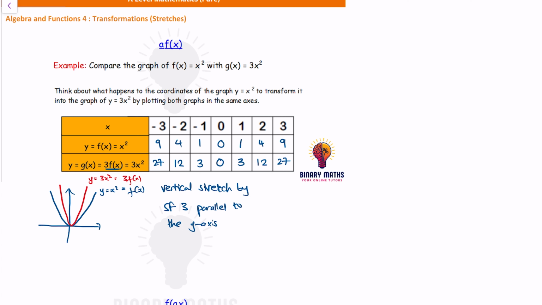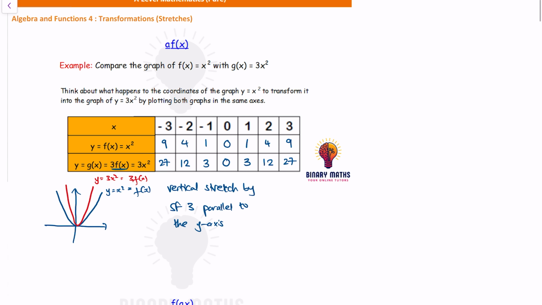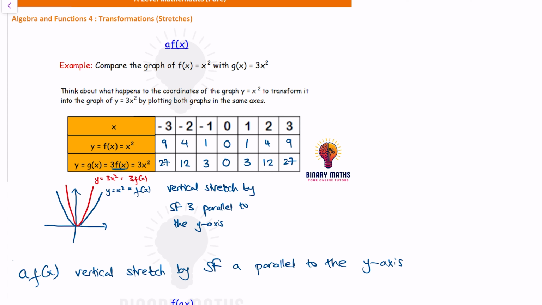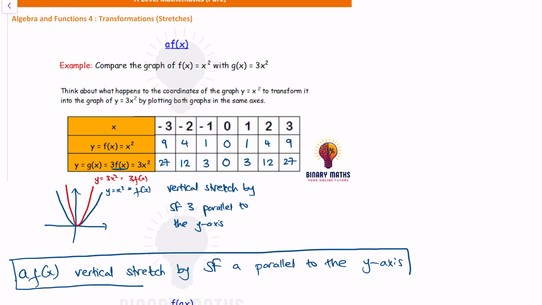So what you realize in general is if you have the case a times f of x, then it is a vertical stretch by scale factor a parallel to the y-axis. So that is what happens when you do a times f of x.